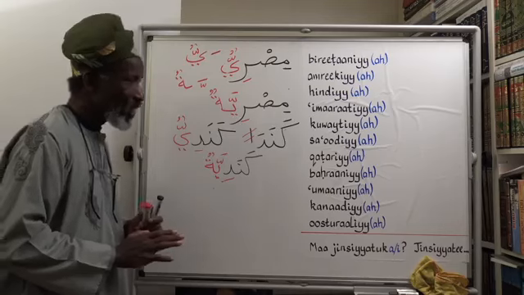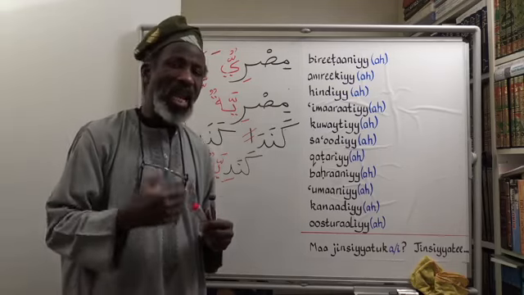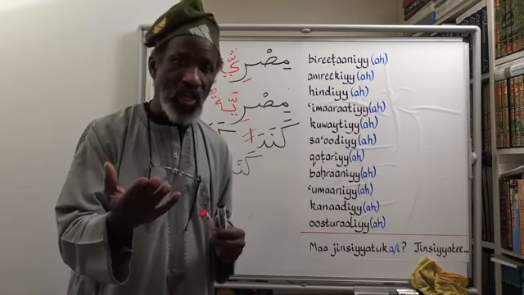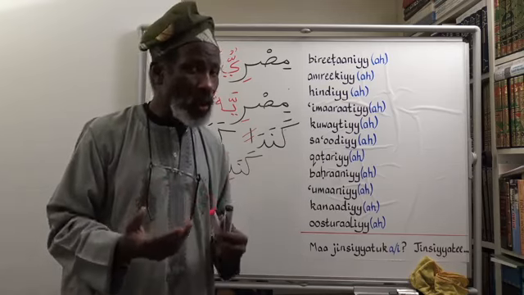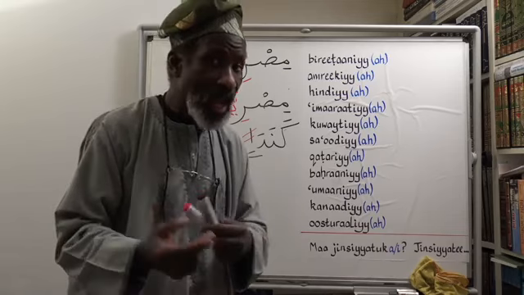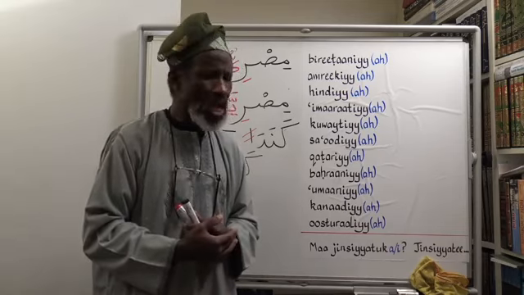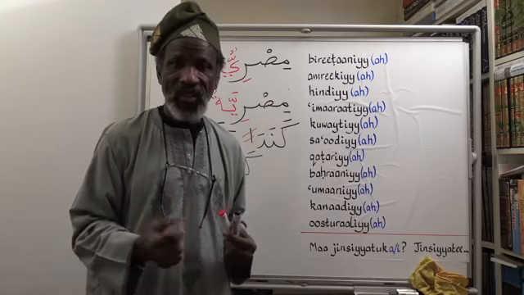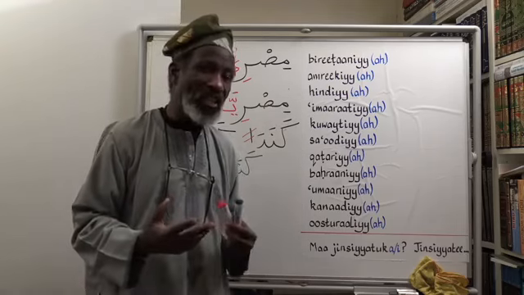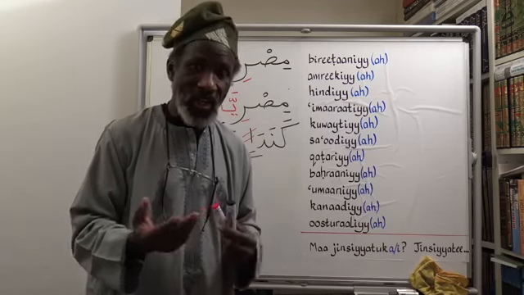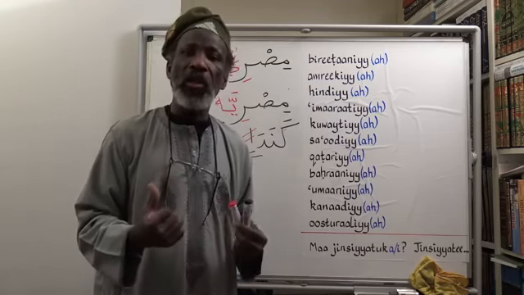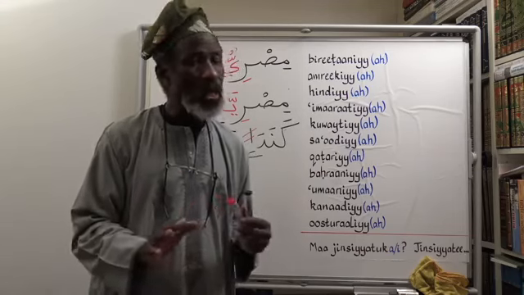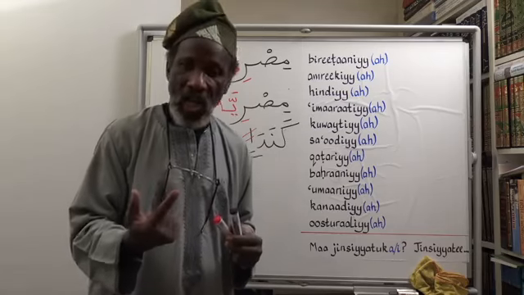So if I say هل أنت أمريكي, that means are you an American? هل أنت أمريكي? You can say no, أنا كندي, I'm a Canadian. Or if you say هل أنت كندي, say لا أنا أمريكي. هل أنت كندية؟ لا أنا أمريكية.